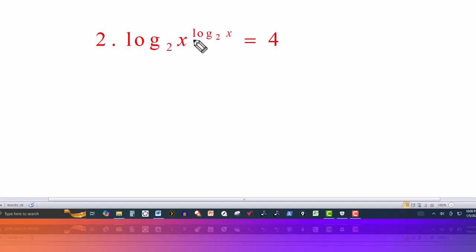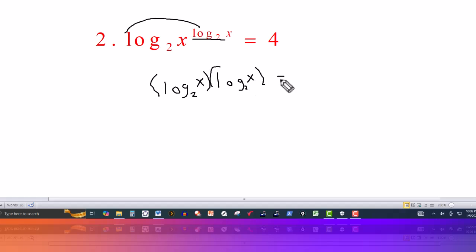So in this one, this exponent becomes a coefficient, so this becomes the log of x to base 2, put this in parentheses, and what's left, if we bring that exponent as a coefficient, we have another log of x to base 2 equal to 4.